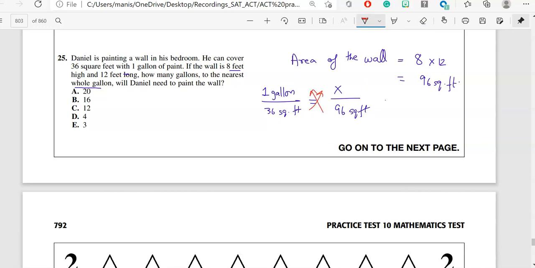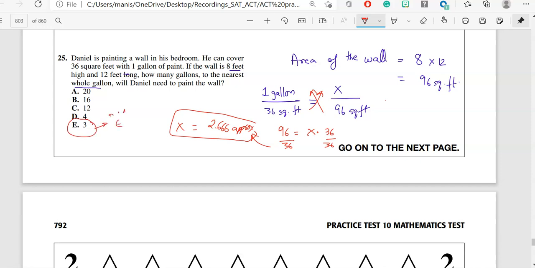When I cross multiply over here, it is 96 is equal to X times 36. So I can divide both sides by 36, and I will end up with the value of X as 2.666 approximately. Now what is the question saying? To the nearest whole gallon. So this means option E will be my correct answer choice. So option E is the correct answer for question number 25.